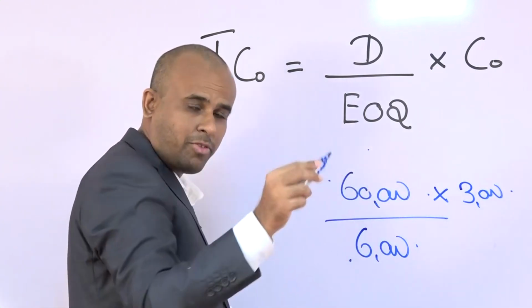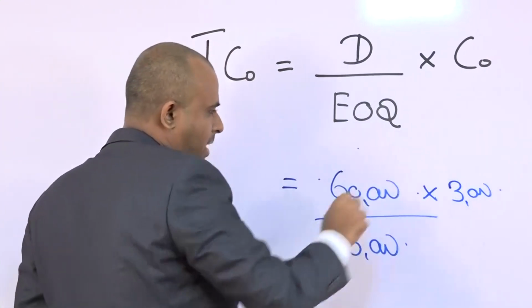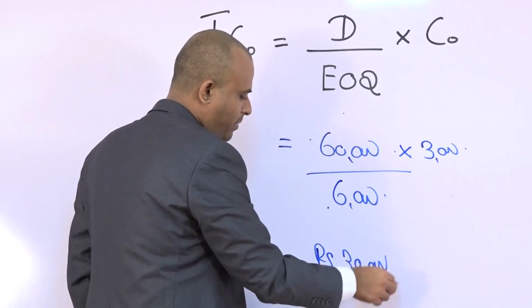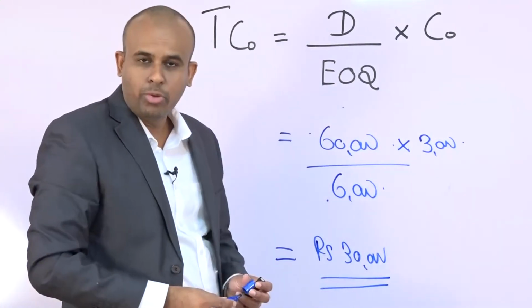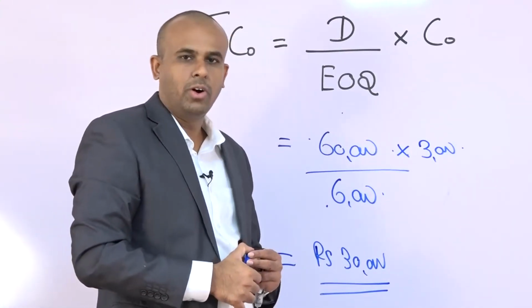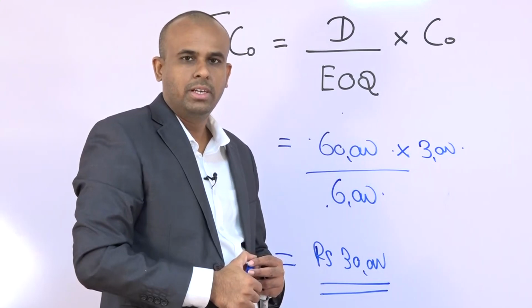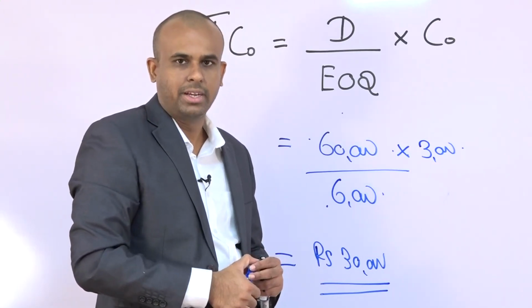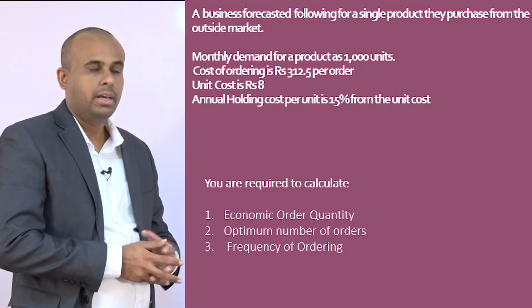What is that 10? The number of orders, we already calculated that. When you multiply by 3,000, you get rupees 30,000. So we can prove this: at the economic order quantity, the annual total holding cost equals the total ordering cost. Right. Thank you.